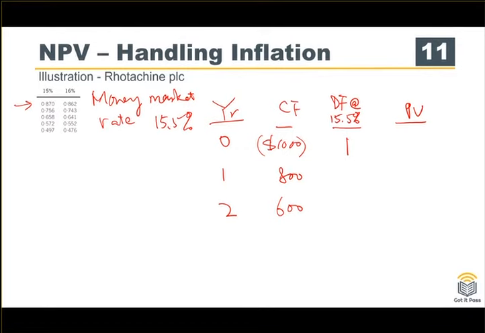So sum these two numbers together and divide by 2. So you get 0.866. And for the second year, use the same method.